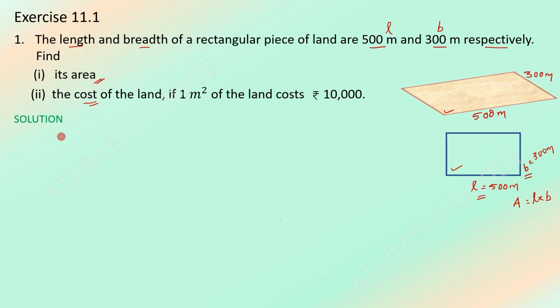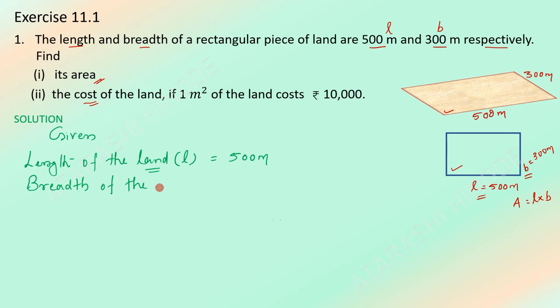Let us start solving. Here given, length of the land, you can write rectangular land also, L equal to 500 meter, breadth of the land B equal to 300 meter.